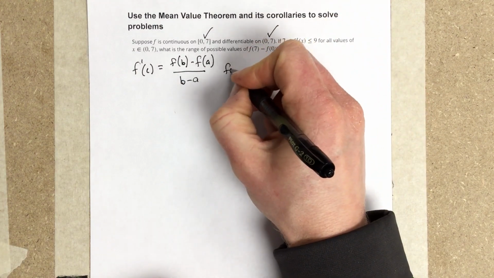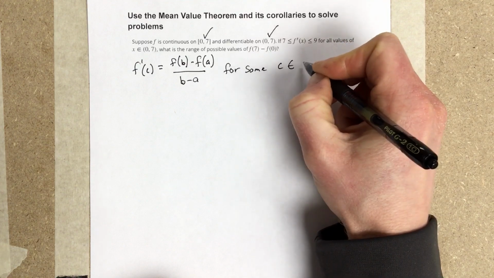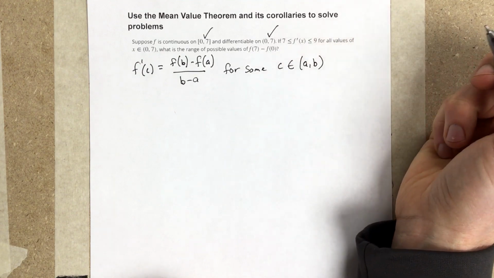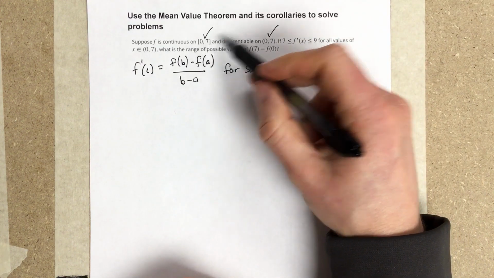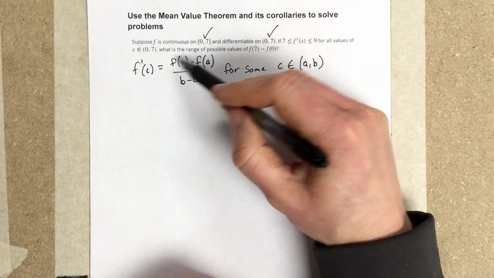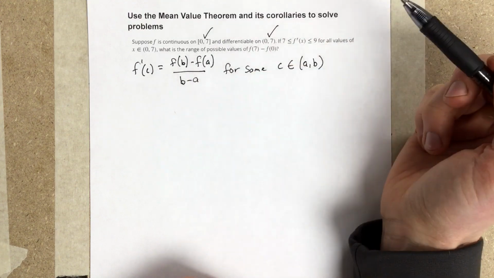So we're going to say for some c an element of (a, b). If we've checked off these two things, then we know that this is going to be true for this problem.